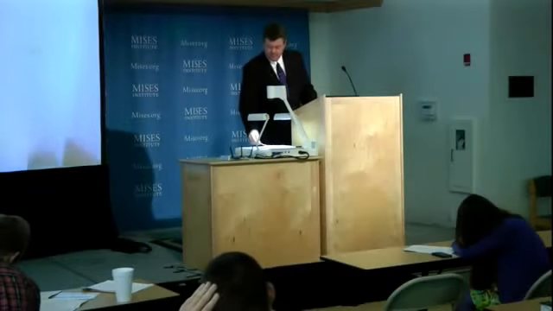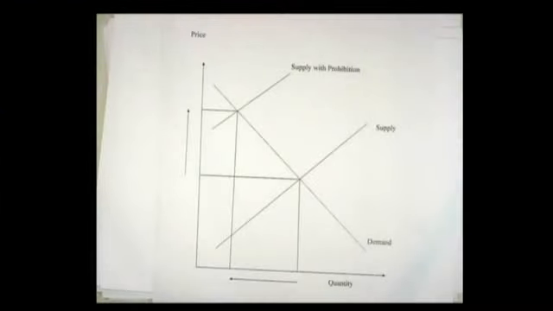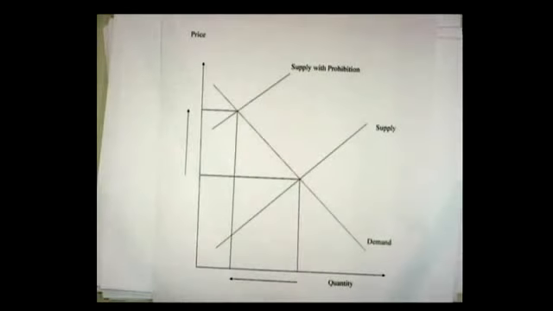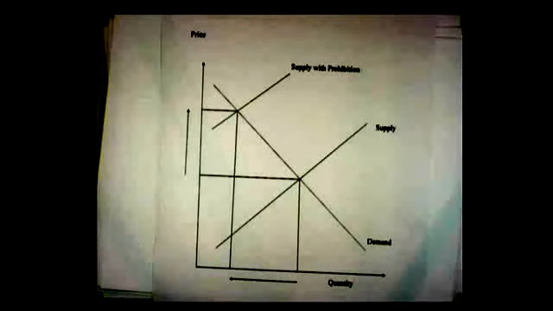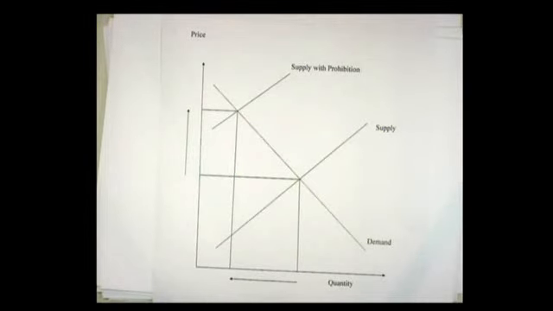Eventually, the old consumers will die off, and you'll solve the problem. So, very simply, you take a market with supply and demand and a market price, you put prohibition in the marketplace, decreasing the supply, raising the price, and ultimately reducing the quantity consumed.